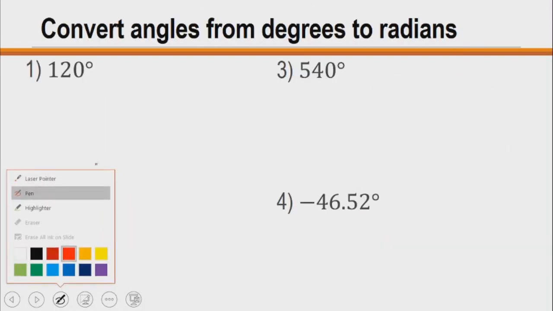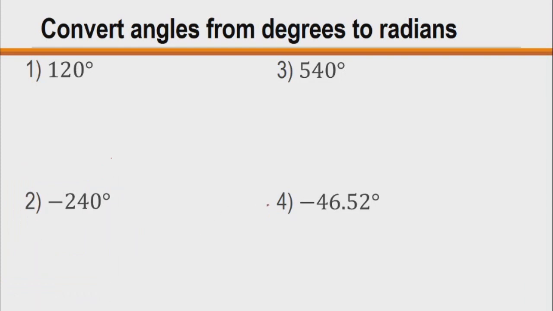We want to convert the following from degrees to radians. The first example says convert 120 degrees to radians. We already know that 180 degrees equals pi. That means 1 degree is equal to pi over 180.